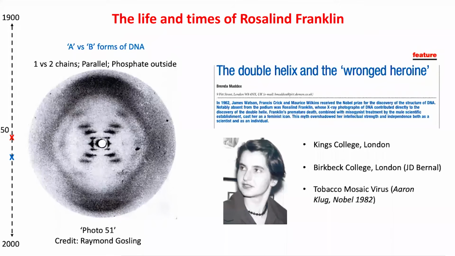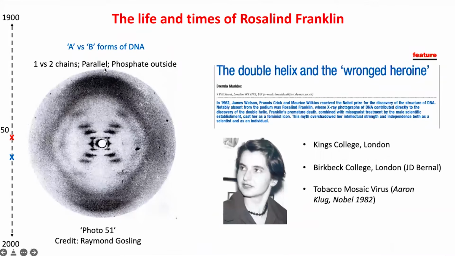And she didn't even know that this data was actually shown to Watson and Crick. And at that point in time, she herself was thinking about the model of DNA. She had also made some small models, but she had not come to the conclusion which Watson and Crick did. She was still not very sure whether there was a single chain or two chains. She really never thought about an anti-parallel double helix.